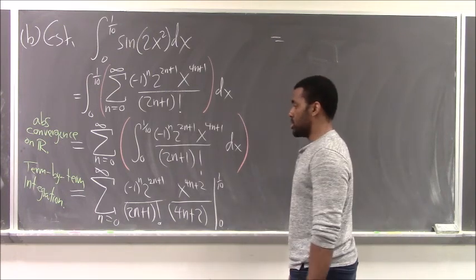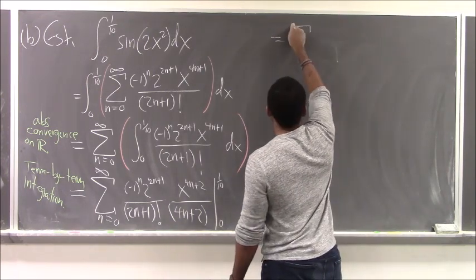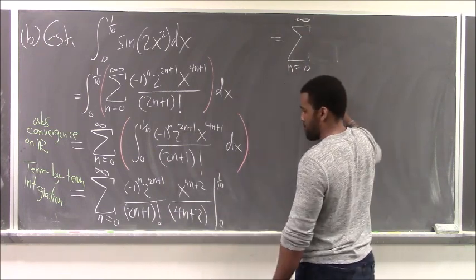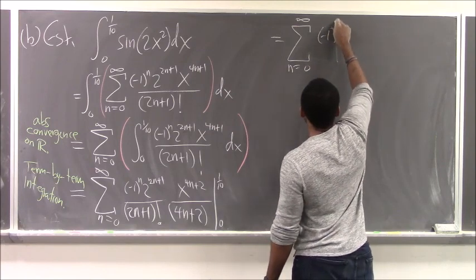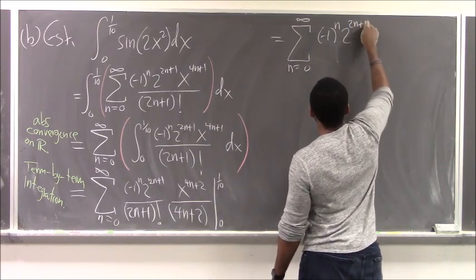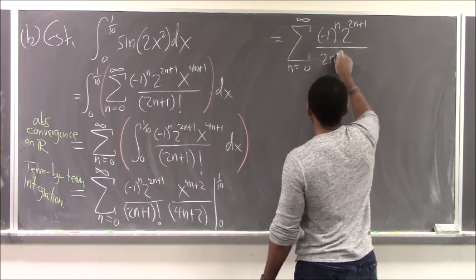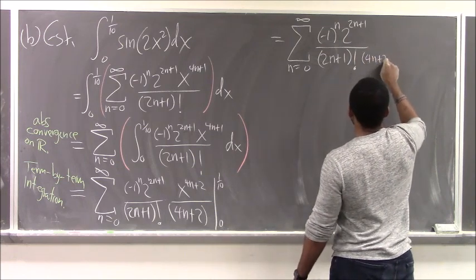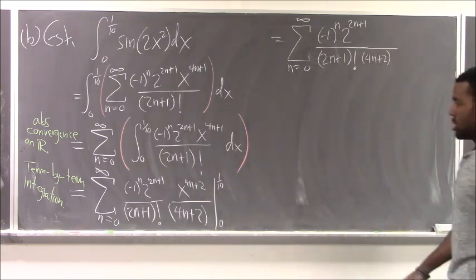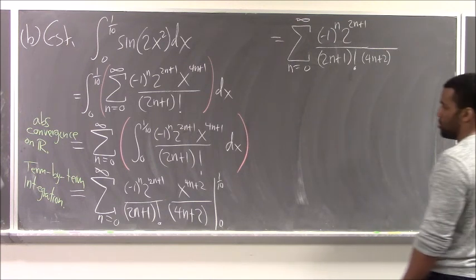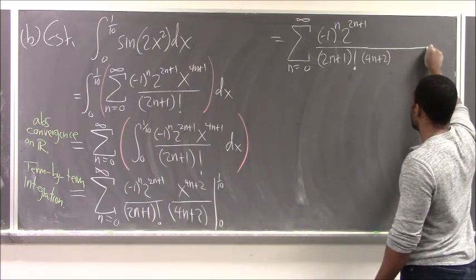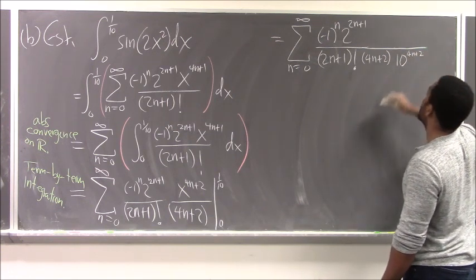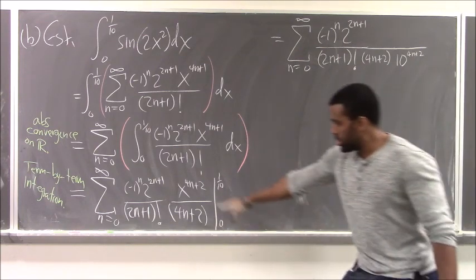So this is minus 1 to the n, 2 to the 2n plus 1 over 2n plus 1 factorial times 4n plus 2, times 1 over 10 to the 4n plus 2. And then when I plug in 0, I just get 0.